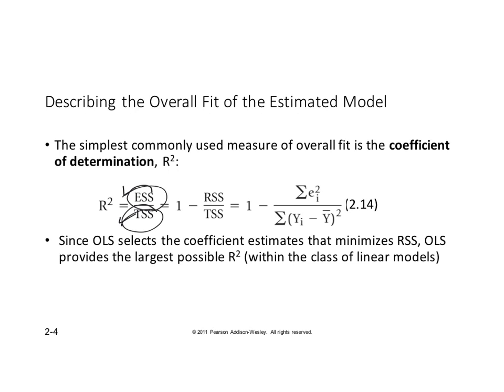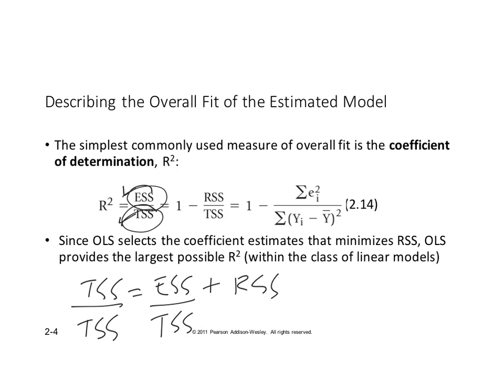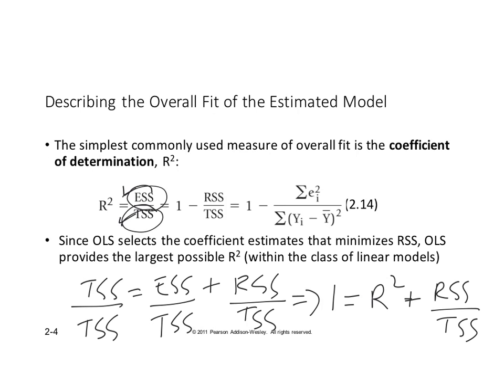Okay? Now, because TSS from the last slide is ESS plus RSS, we can divide through by TSS to just rewrite this a little bit. And what we end up with is 1 equals R squared plus RSS over TSS. Okay, now why is that useful?